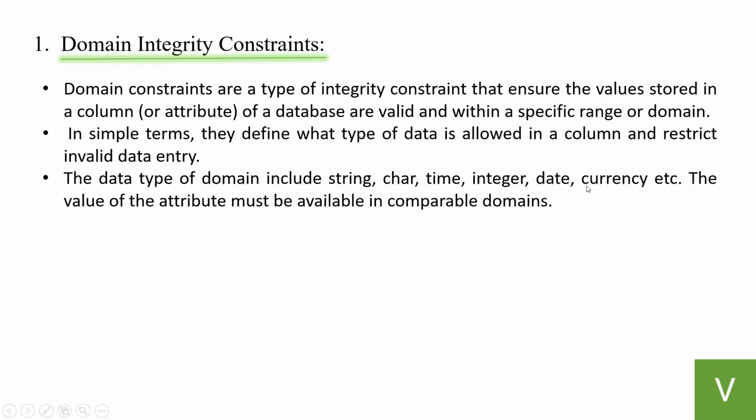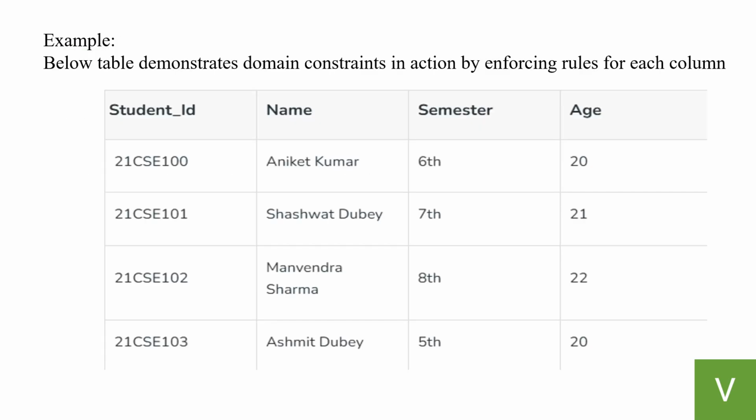Now let us understand clearly with the help of an example. So this is the relation student or a table student, and it consists of 4 different fields or columns. First one is student ID, second one is name, third one is semester, and the fourth one is age. In this, the first 3 fields, which are student ID, name and semester, should accept only variable character.